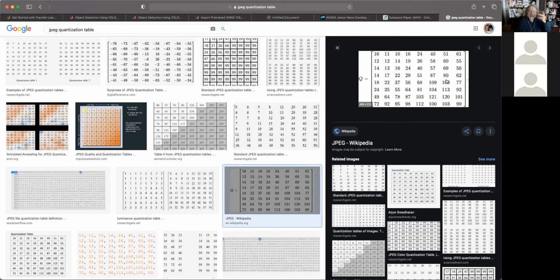Your DCT coefficient is divided by a larger number and then truncated, which will correspond to a case where most of the items will become zeros. As you see, even these numbers are very large. 121 is quite a large number. In order for this coefficient to survive after the quantization, the value of the discrete cosine transform coefficient at this coordinate should better be larger than 121.